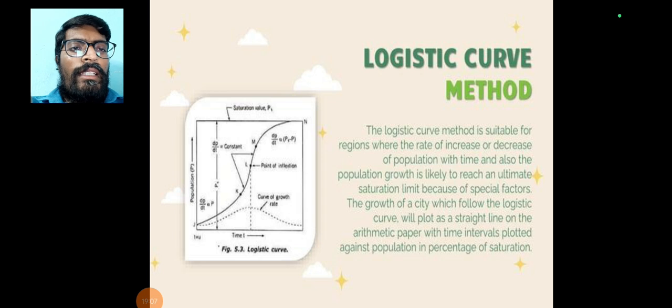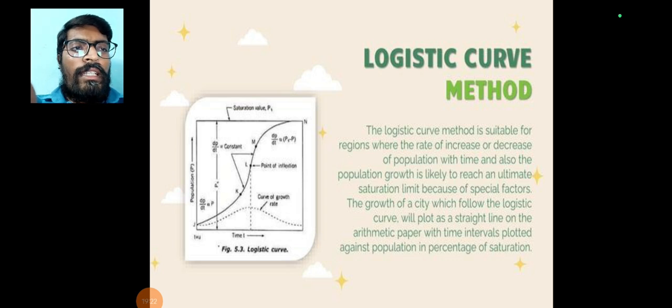So J, K, M and N make an S shape. It is clearly observed that it is an S-shape curve. The S-shape curve is called a logistic curve.